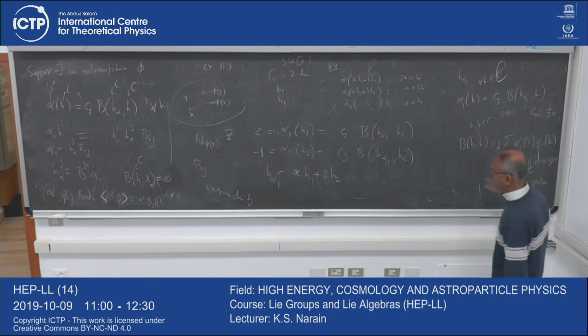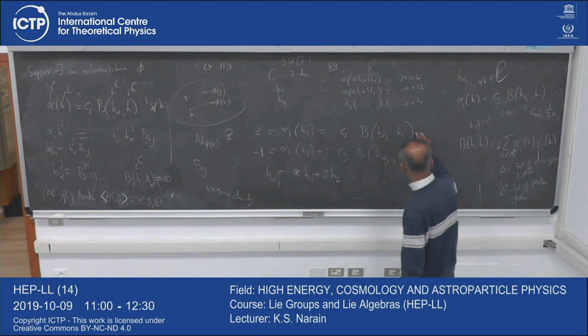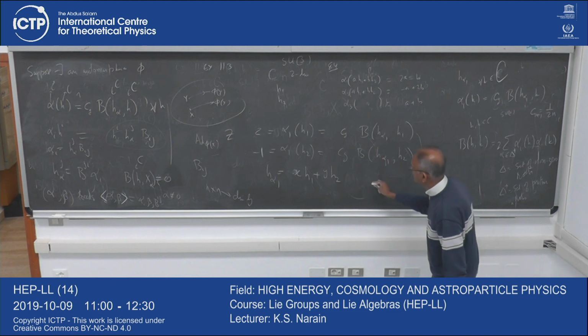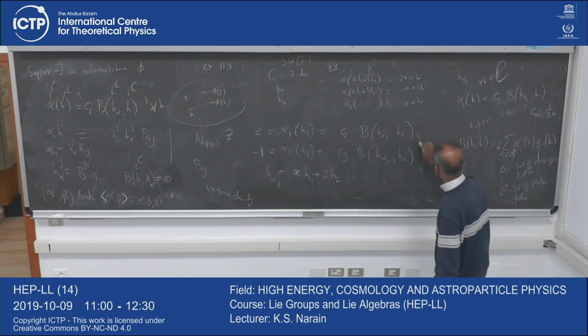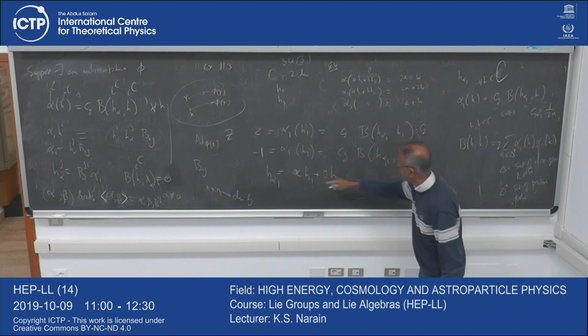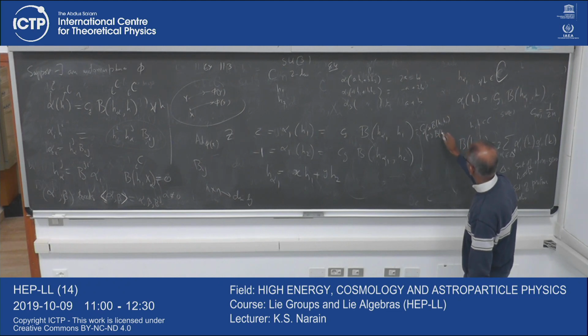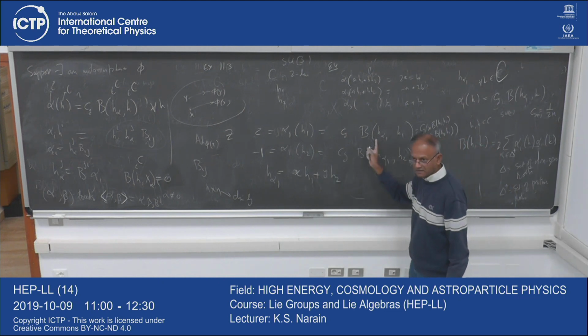So what am I going to get from this side? There is a CG here, times X. Let's look at the X term. So that is B of H1, right? So this will be X times B H1, plus Y times B H2. I just use the linearity of the thing.